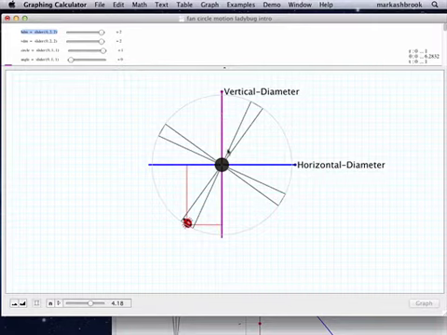But looking at this in the coordinate plane, here's your vertical axis, here's your horizontal axis. What is this distance right here? Someone asked, is it x? What is the x coordinate of a point?